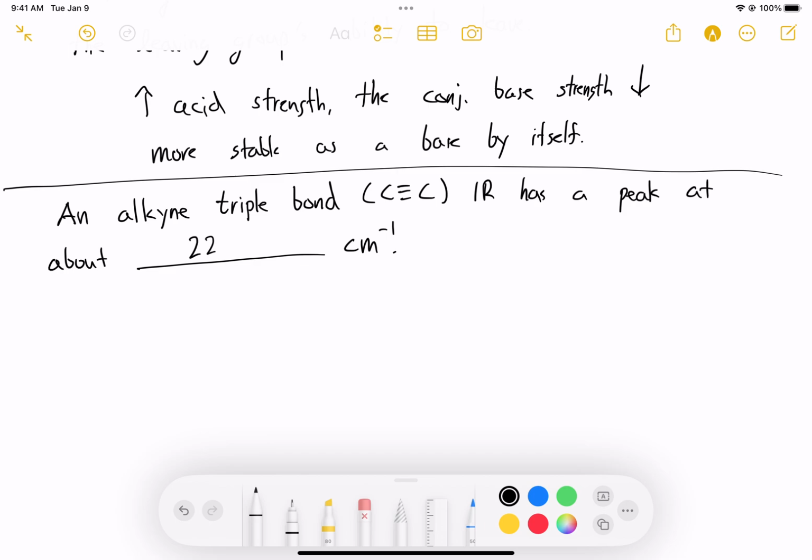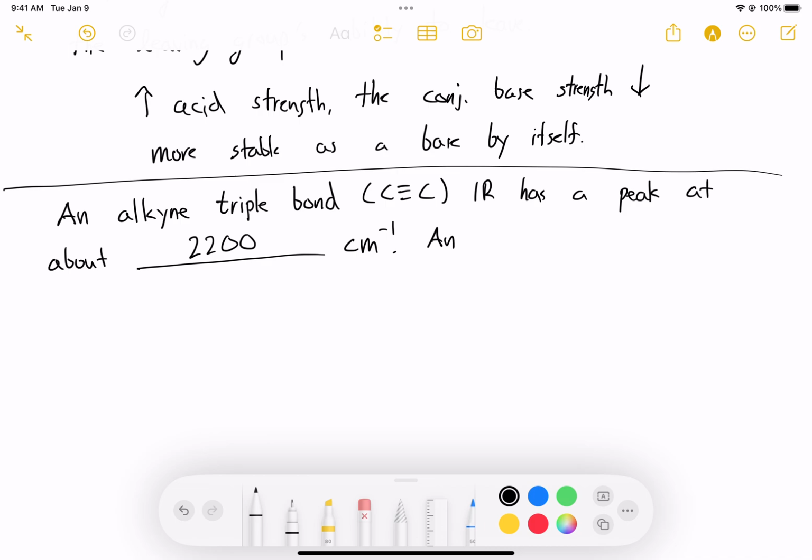So you don't have to be exact here, but just in the ballpark range, 2200. And that's because, remember, triple bonds, they're stronger bonds, so they should appear at higher wave numbers than, say, a double bond. And then the only exception is when you have two small atoms like C and H. Bonds to smaller atoms, they're really hard to vibrate, so that's why they occur at like 3000. Okay? All right? So that's for an alkyne, okay?